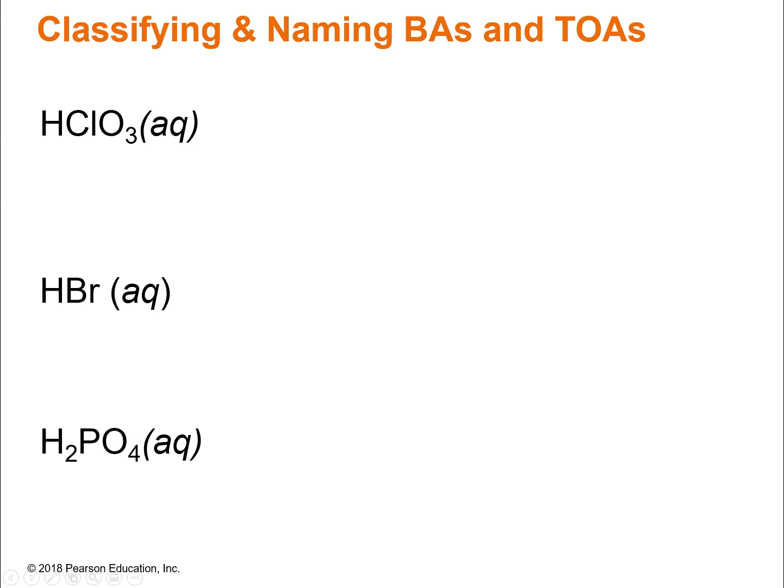Before we name it, we classify it, even if that's not part of the question, because you need to know which rules to use. Is this a binary acid or a ternary oxyacid? It's a ternary oxyacid, that's right.